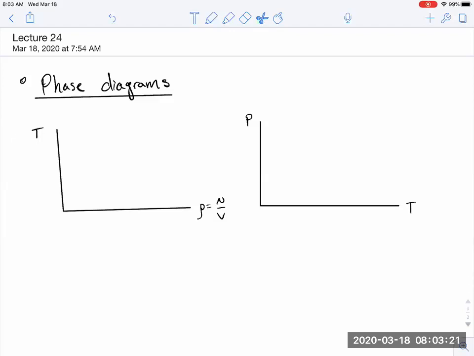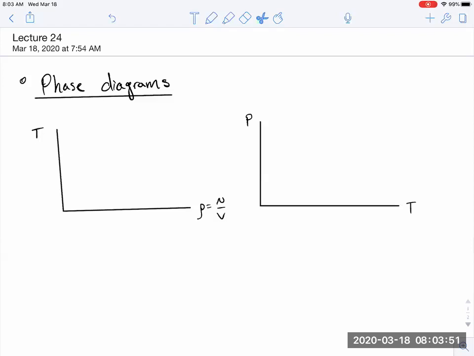So they contain a lot of information, and yet with the tools of thermodynamics, we can say some pretty general things about what sorts of phase transitions are possible, and therefore what phase diagrams look like. So let's remind ourselves of a simple example, that of boiling or condensation.